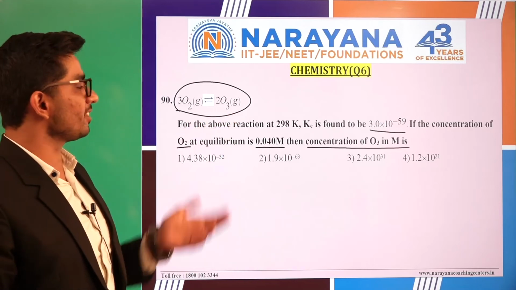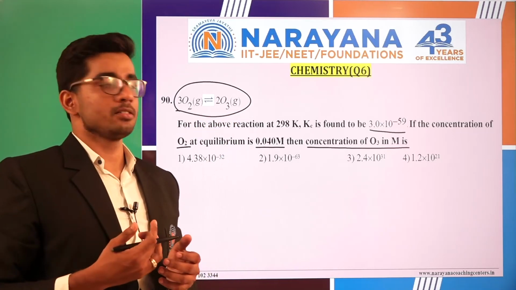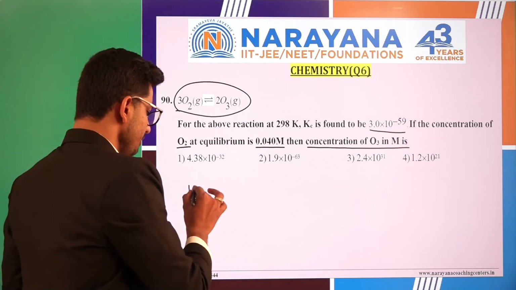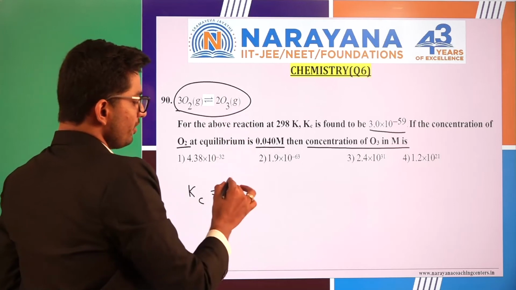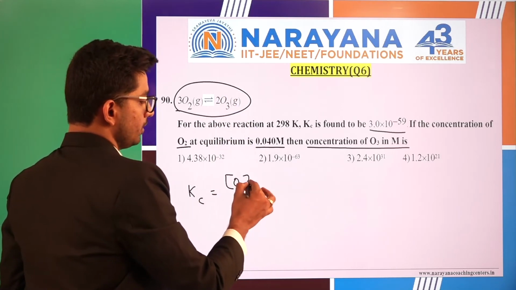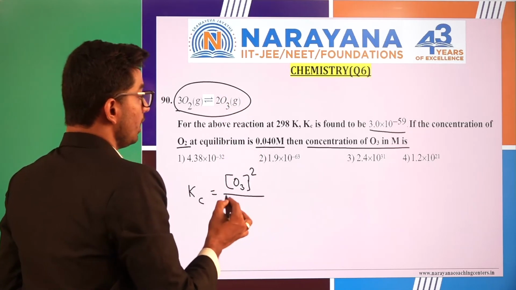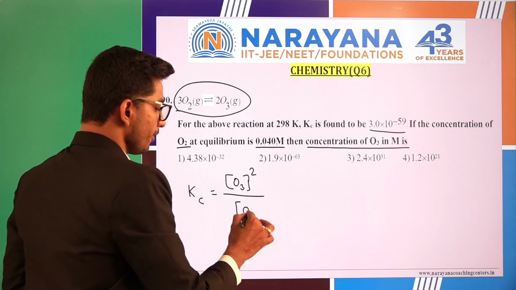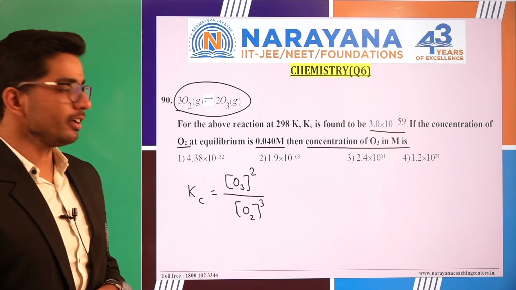Since this is a reversible reaction and the equilibrium is already established, here we can write the equilibrium constant expression Kc, and that will be the concentration of product to the power of its stoichiometric coefficient upon the concentration of reactant to the power of its stoichiometric coefficient.